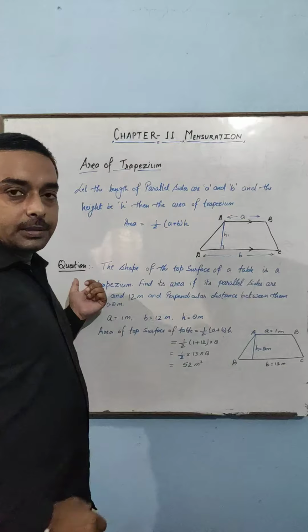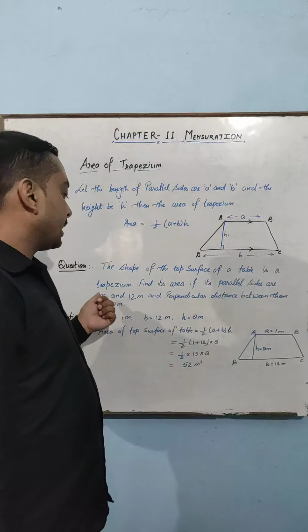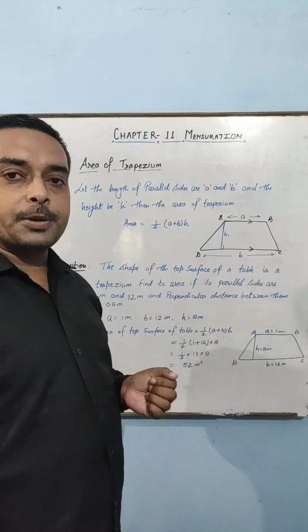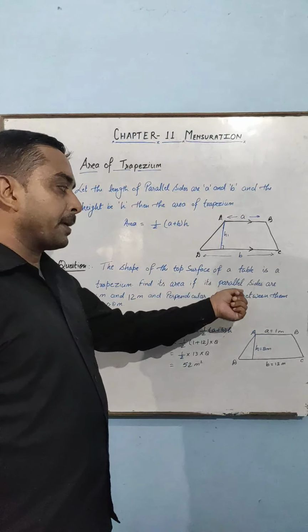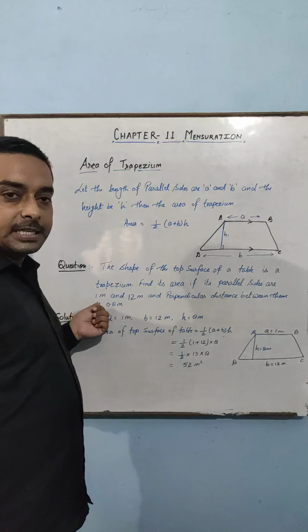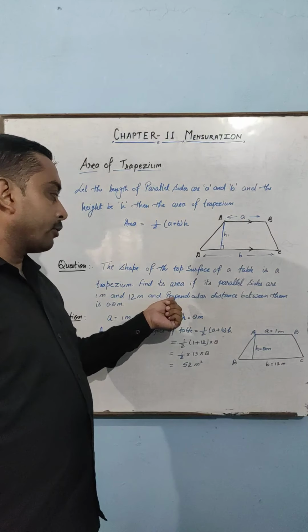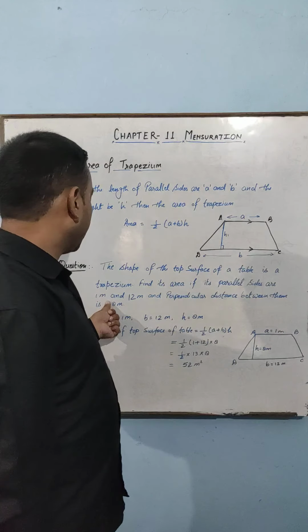There is a question. The shape of the top surface of a table is a trapezium. There is a table whose top surface is in the shape of a trapezium. Find the area if its parallel sides are 1 meter and 12 meter, and the perpendicular distance between them is 8 meter.